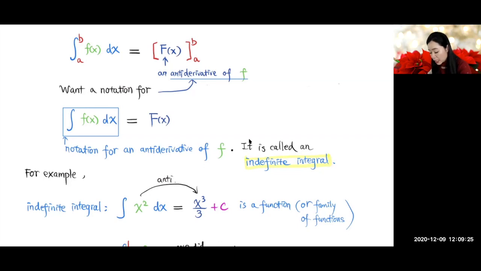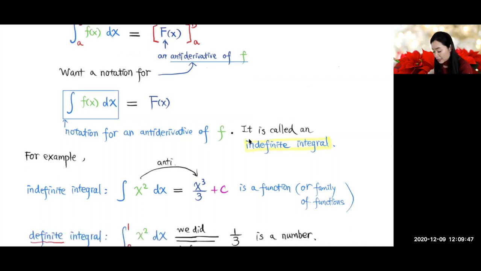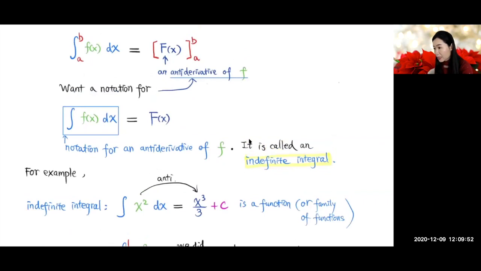If I want a notation for an antiderivative of the small f function, then I can just take away this a to b over here. So I will use this symbol here to stand for an antiderivative of the small f function. This is called an indefinite integral because you don't have the upper and lower limit specified.